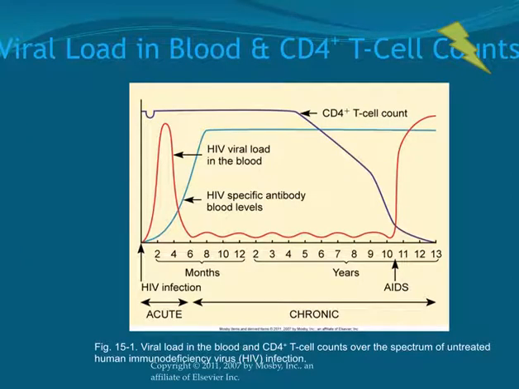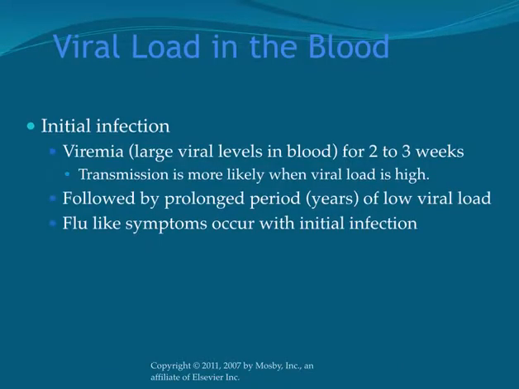This slide just shows you the inverse relationship between HIV viral load and the CD4 cell count, and the viral load in the infection. During the time of low viral load, which can last 10 to 12 years or longer, clinical symptoms can be limited.